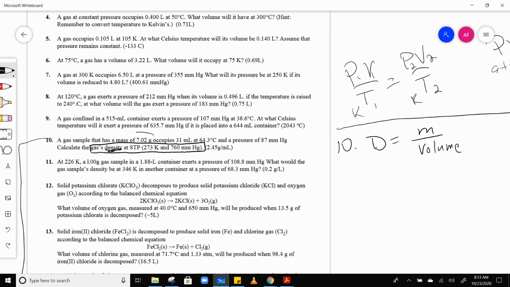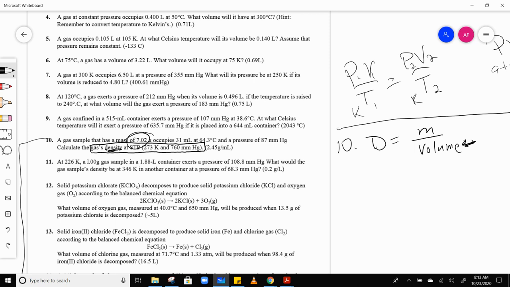We have mass. The mass is 7.02 grams. But we need to know volume at STP, 273 Kelvin and 760 mmHg.